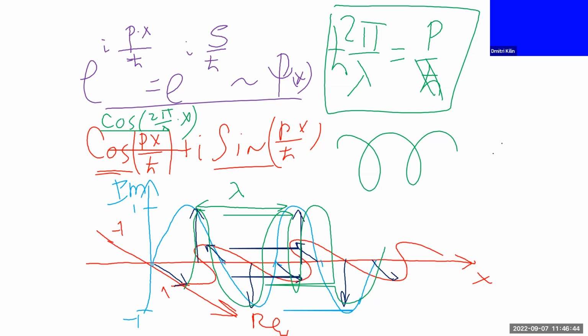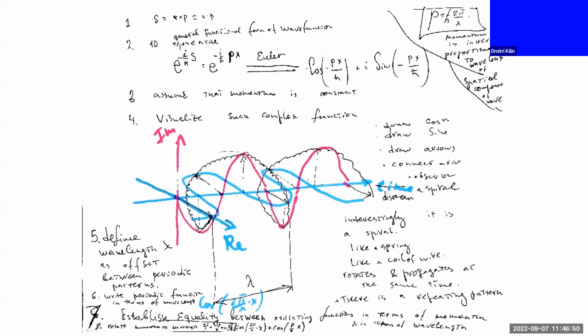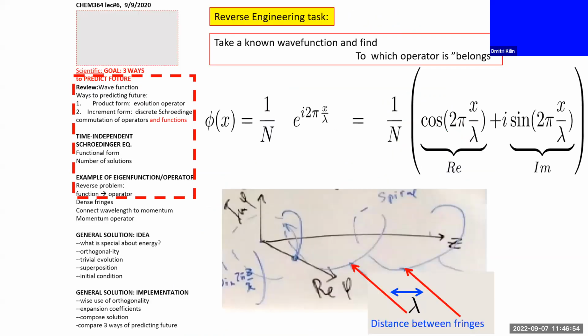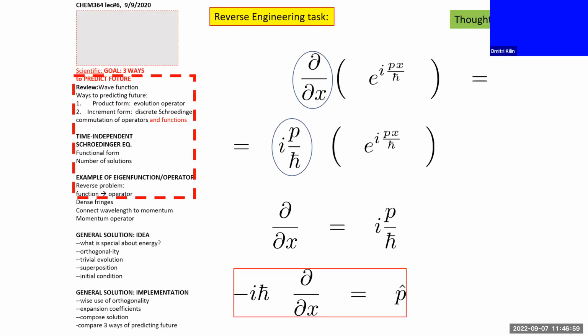So momentum is just 2 pi over lambda times h bar. The plane wave is good because by taking a derivative, one reproduces it itself.